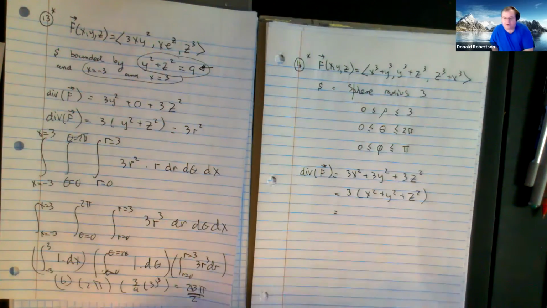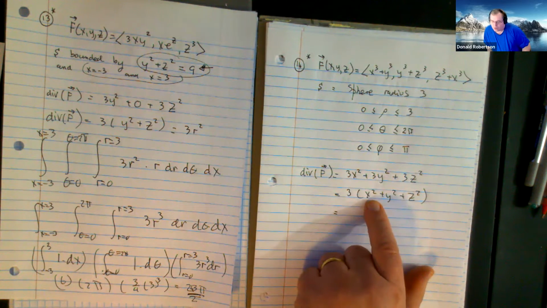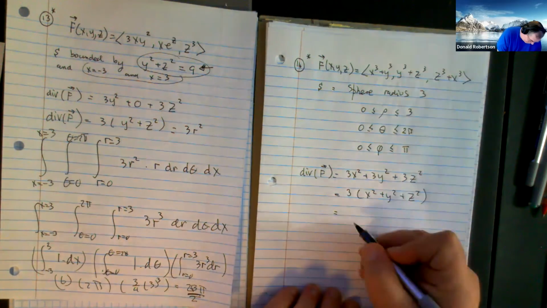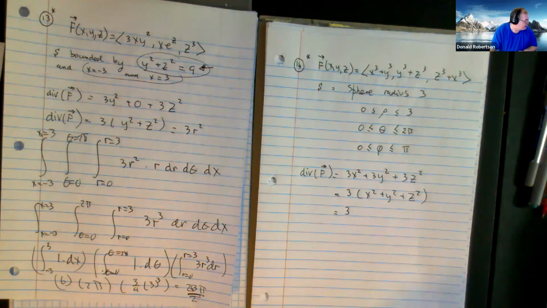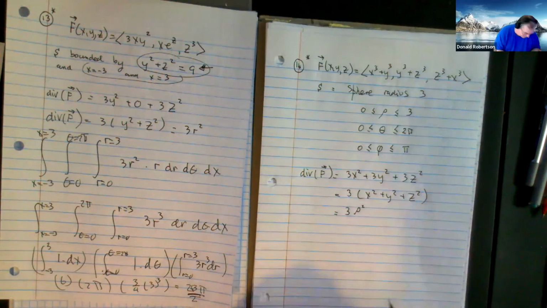And so we got really, really lucky here, didn't we? In spherical coordinates, what does x squared plus y squared plus z squared get you? Yeah, rho squared. You nailed it, rho squared.